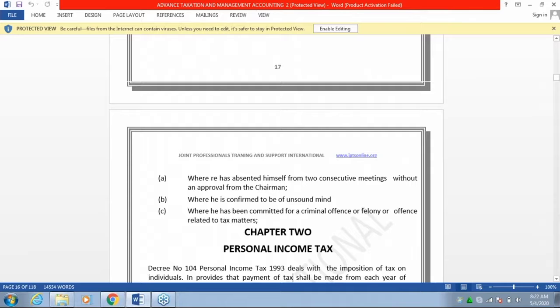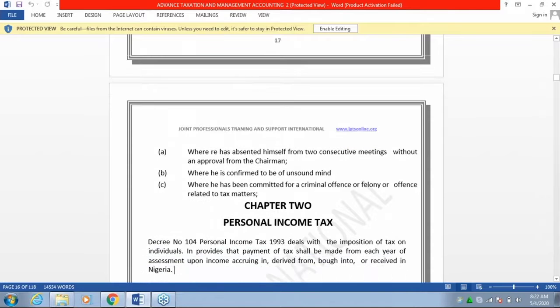The law that is guiding the payment of the tax has to be considered in all ramifications. So if he is trying to support a particular agent, either taxpayer or the government authority, in one way or the other, it's a criminal offense, which may subject his office to be declared vacant.